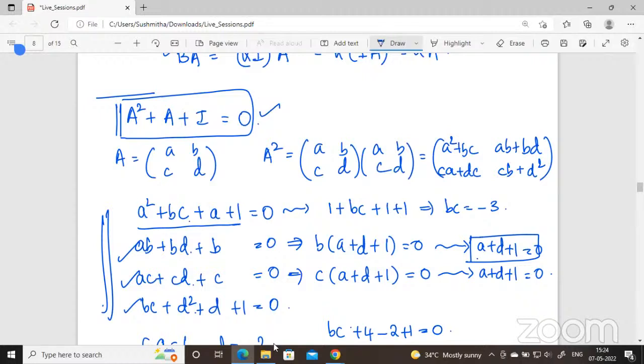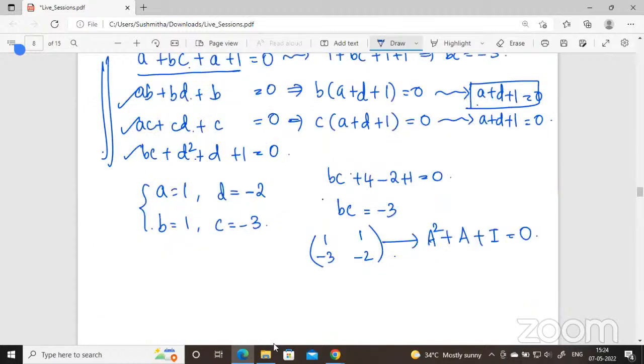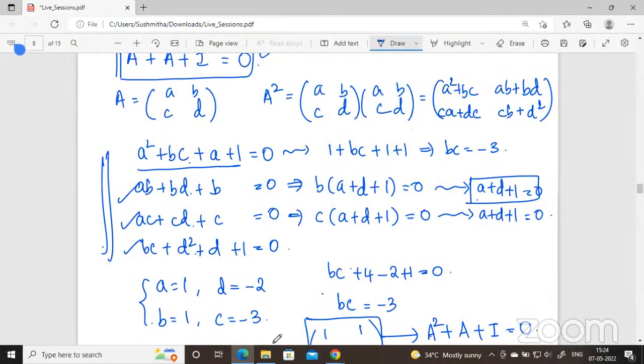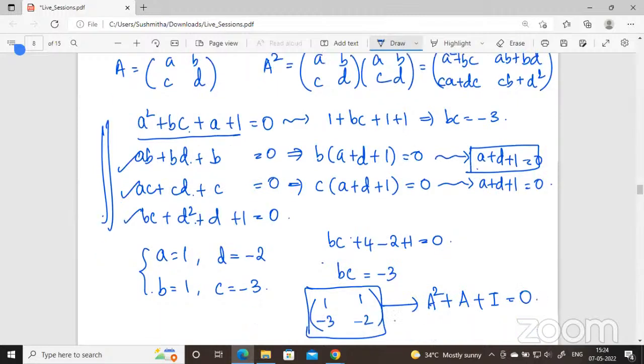See, if you put any random numbers, you don't know whether you will end up with such a matrix, right? Exactly. It's very unlikely that you start with such a matrix. So the best thing to do is start with general entries and then try to get some values for A, B, C, D, just like how we did. Because if you start with random numbers, there is no guarantee you will end up with such a matrix. Okay.